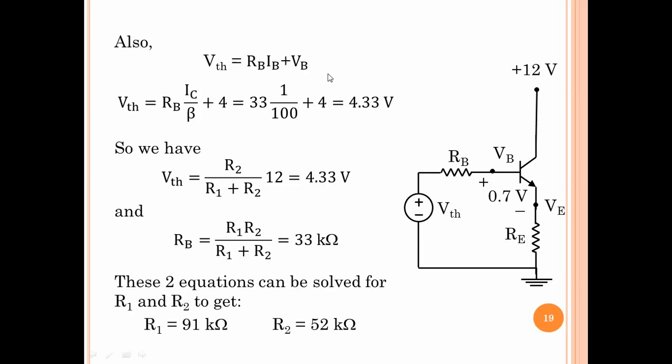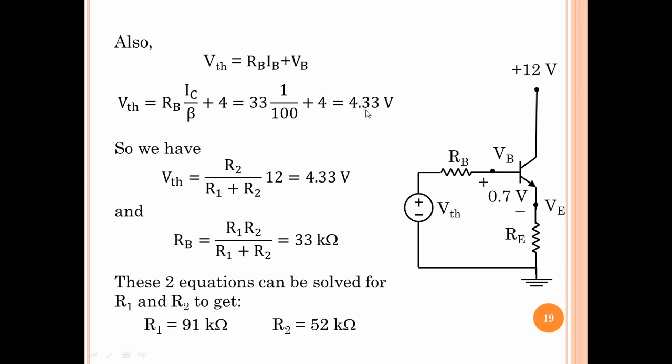Okay. Then what do we want? We have to find R1, R2. So VTH is VB plus IB RB. So VTH is RB IB plus VB. IB is IC by beta, and we know everything here.